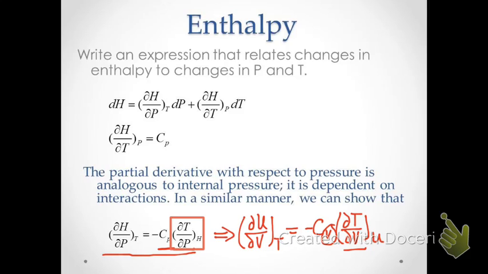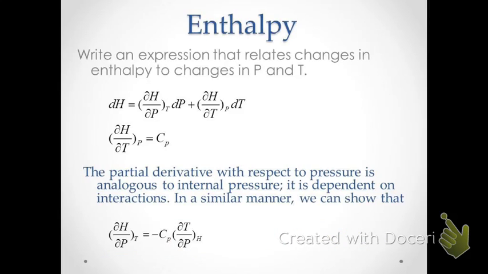If we set up an experiment with constant enthalpy and measure the temperature change which occurs when we change the pressure, we'll be able to determine this derivative. If we determine that derivative, then of course we can determine dH/dP at constant T, which, remember, is representative of attractive interactions within the system.